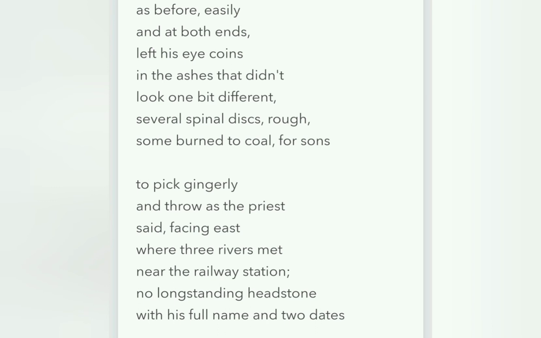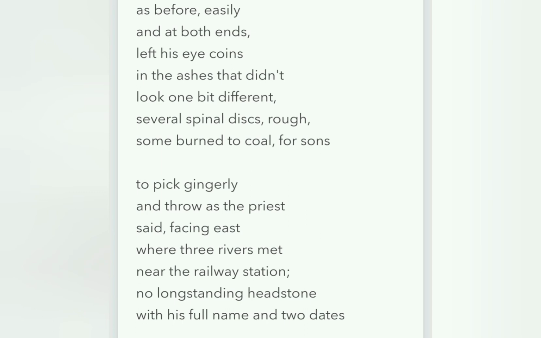After the cremation, the sons, the poet and his brothers, engage in the ritual of throwing the bits of bone, facing east where three rivers meet near the railway station. So the ritual happens somewhere normal, right near a railway station.